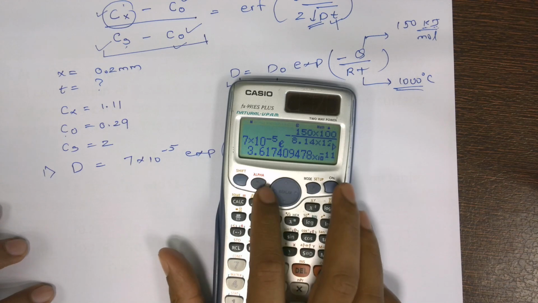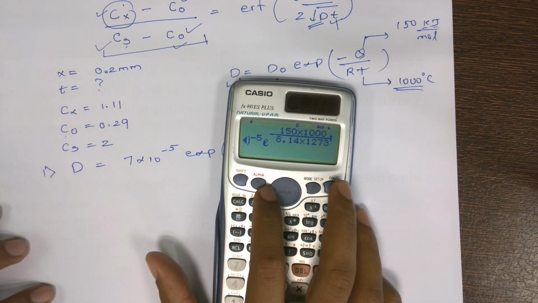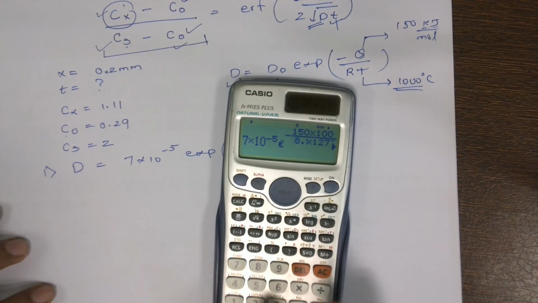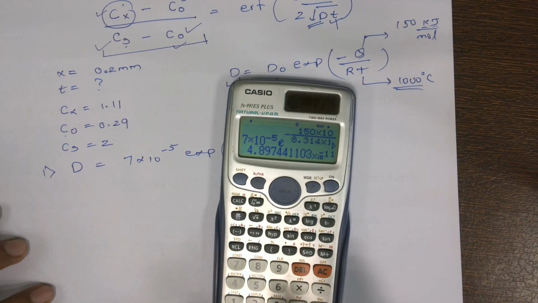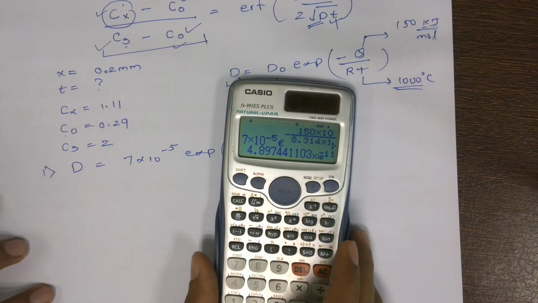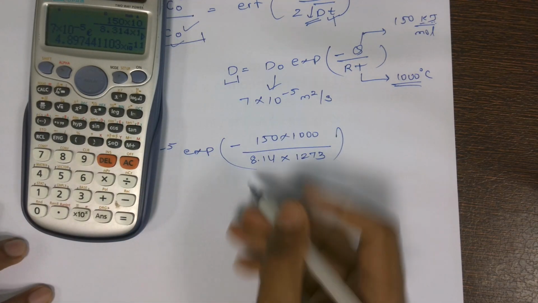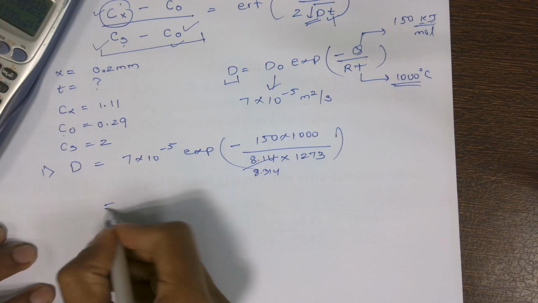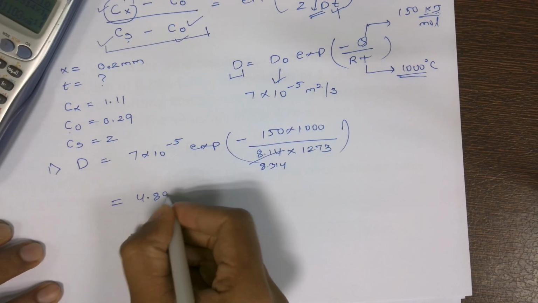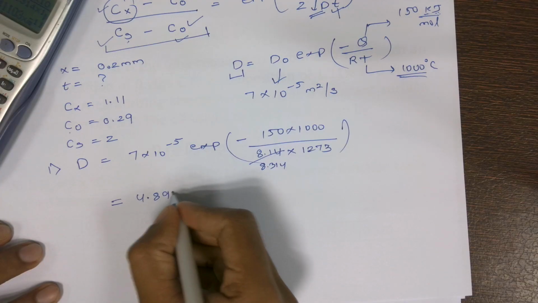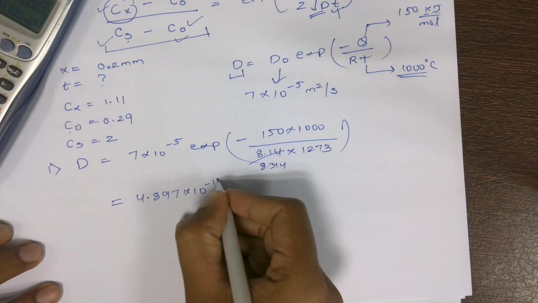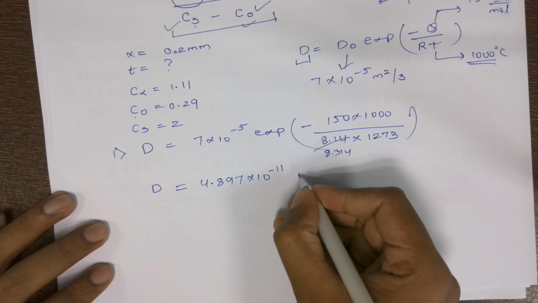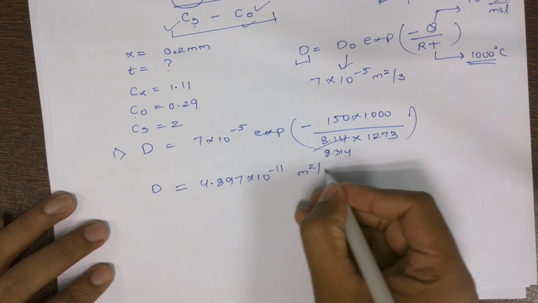What I'll do, the value of R, 8.314, we'll take. So it will come 4.89 into 10 power minus 11. That's right. With 8.314, the value of D will be 4.897 into 10 to the power of minus 11. So we found the value of D. The unit we will write is meter square per second.